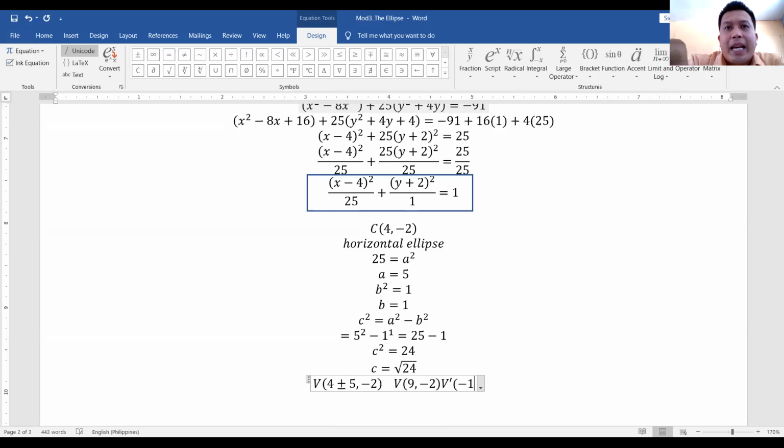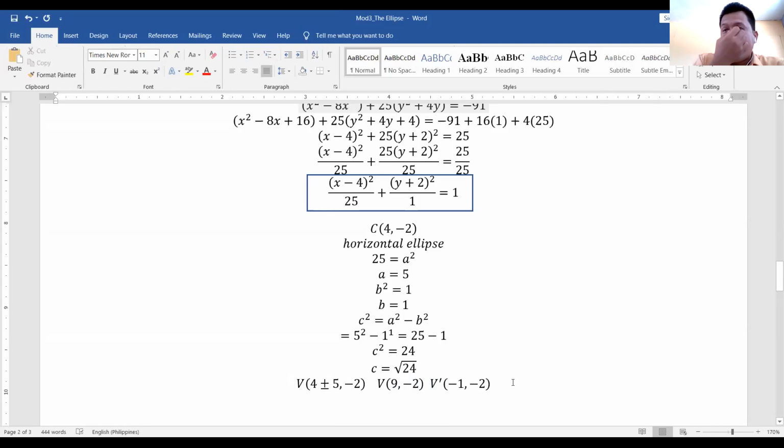That's negative 1 and negative 2, right? So that is the simplified form of the expression we just had here. You can also answer this one, class: 4 plus minus 5, negative 2. Or you can expand it like this. Either way, it's up to you how you're going to write your answer.